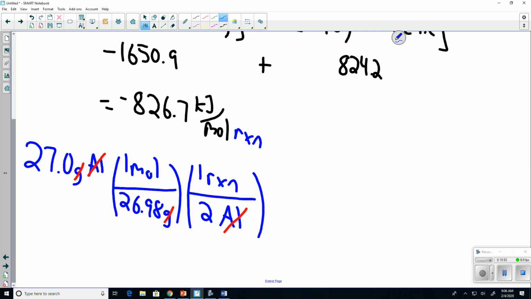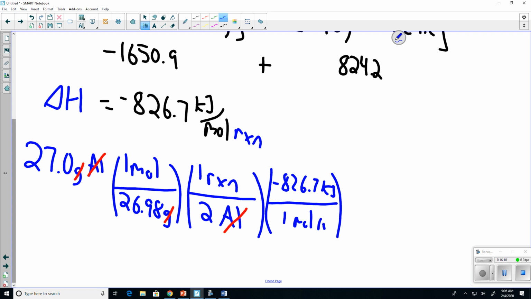Now I can use my delta H that I solved for in the previous step as the last conversion. It's negative 826.7 kilojoules per 1 mole of reaction. That would get me negative 413.4 kilojoules.